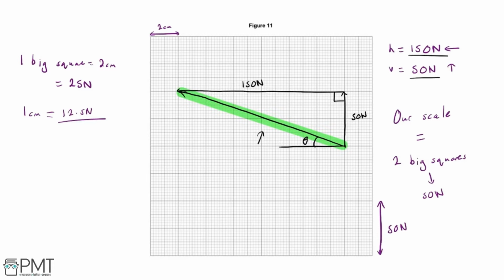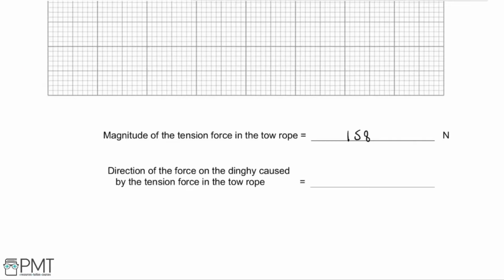So we've got some theta above the horizontal. And to do that, you just measure the angle with a protractor. Again, the mark scheme gives you a range of 18 to 20 degrees that you should be getting above the horizontal. And it's really important that you get the above the horizontal. So 19 degrees above the horizontal.